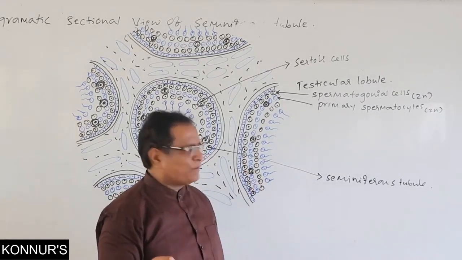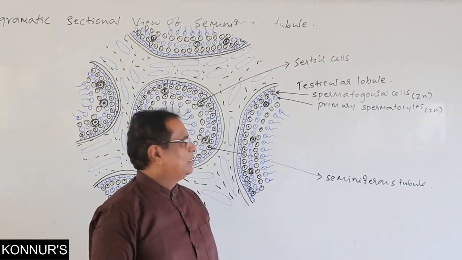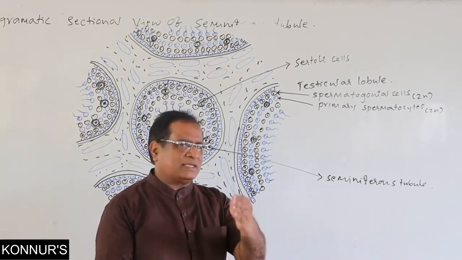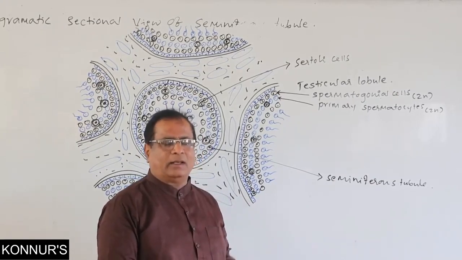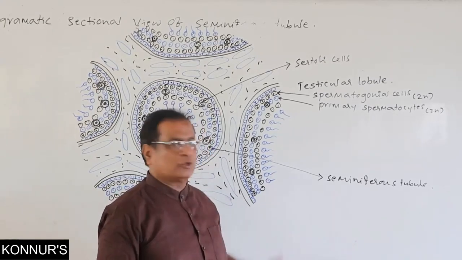And these primary spermatocytes, by meiosis first, give rise to secondary spermatocytes, with a reduction in their chromosomal number.